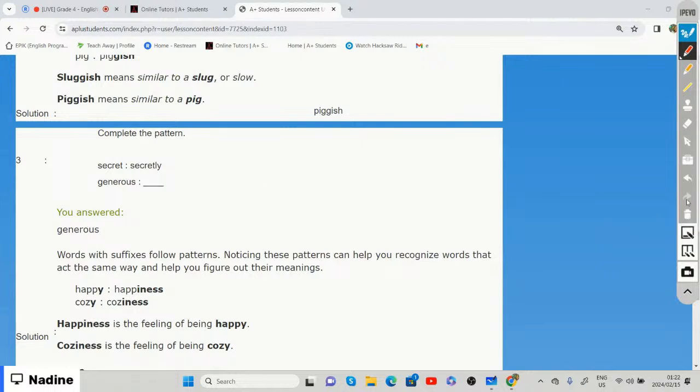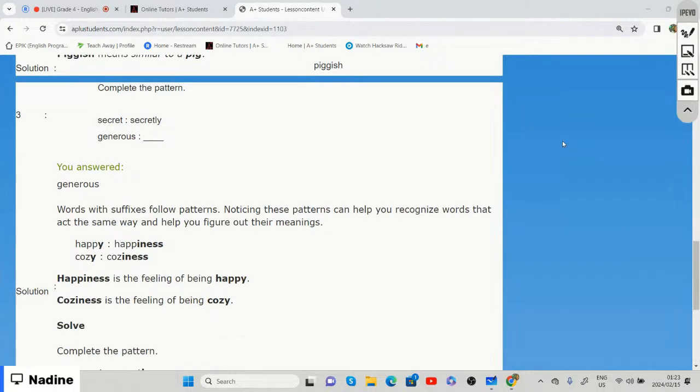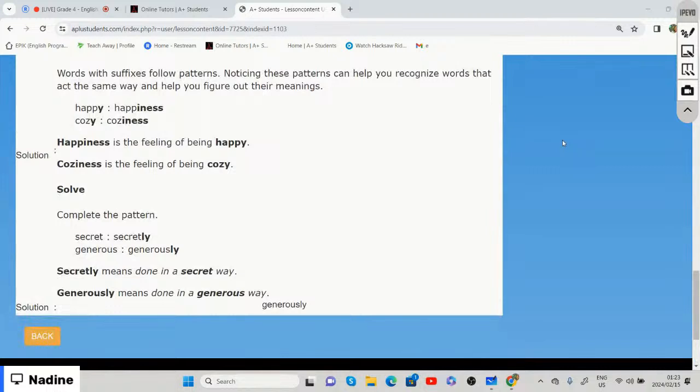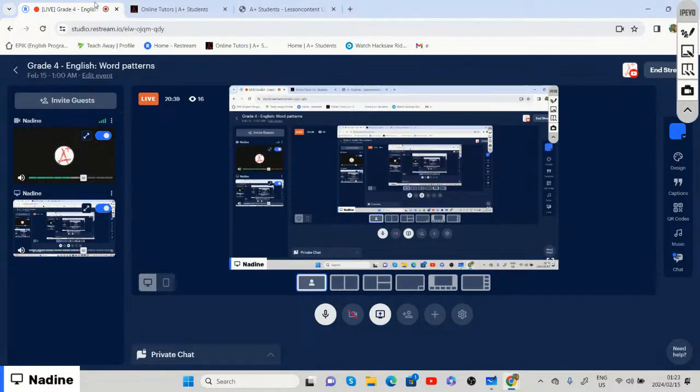And if we now look at the meanings of the words secretly and generously.